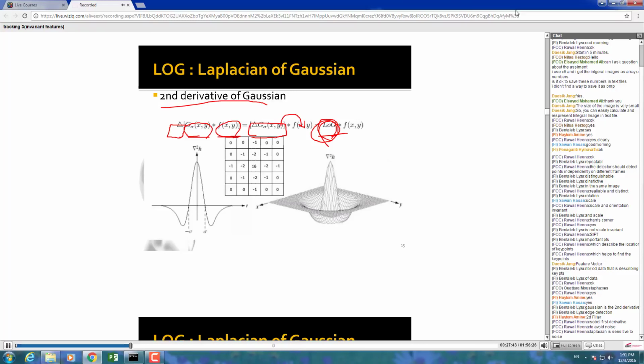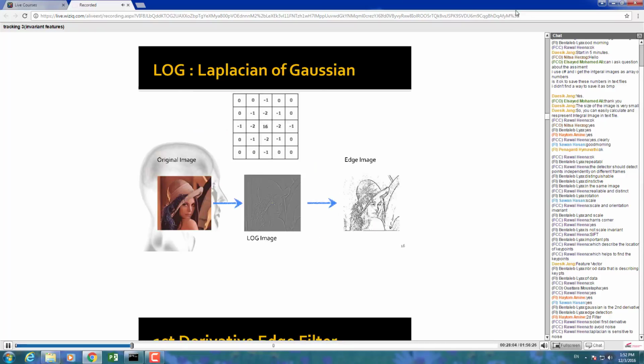Its shape is this kind of Mexican hat. So it can have this kind of kernel value. This can be used as a kernel for convolution on the image.